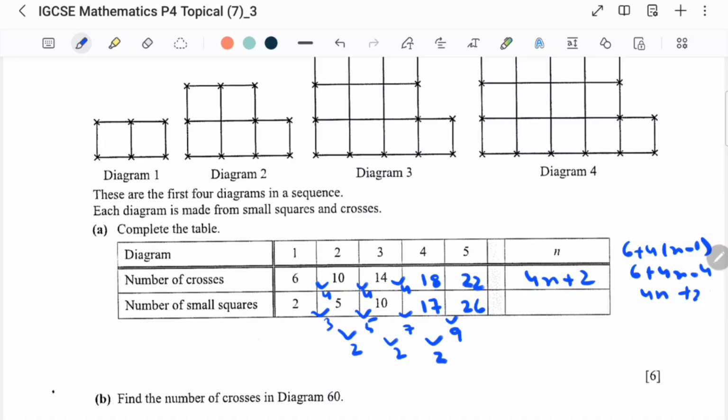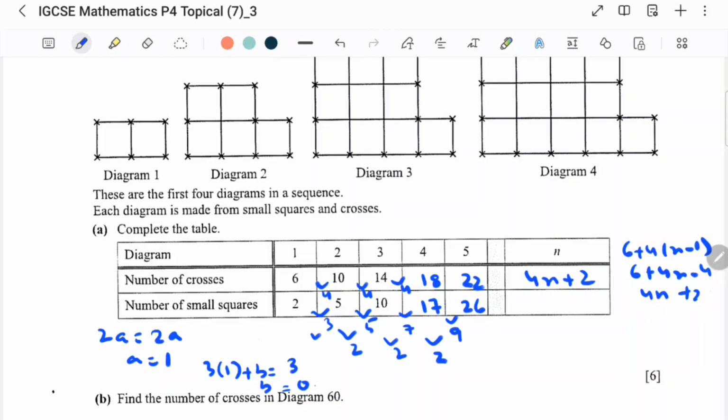So do it. 2a equals the second difference, a is equal to 1. Then 3a plus b equals the first difference, which is 3. So 3 minus 3, b will become 0.